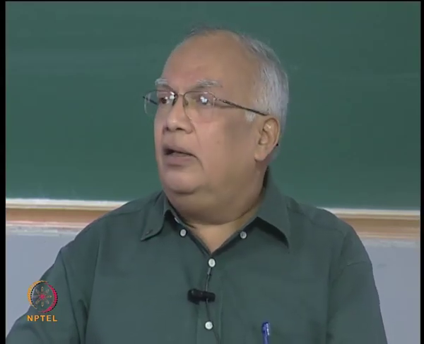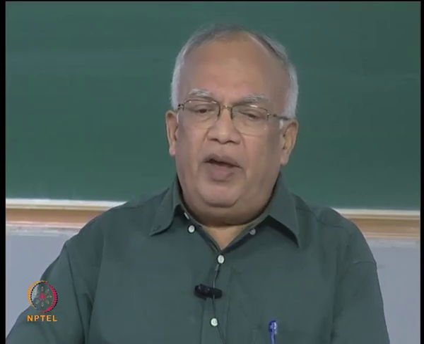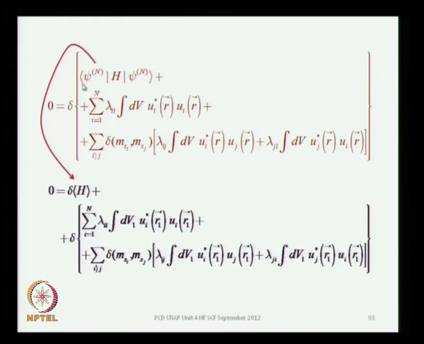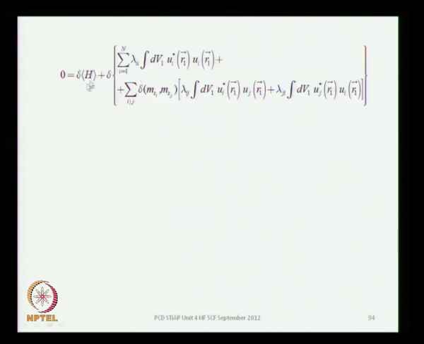So, you have the lambda matrix generated, which is a Hermitian matrix, and just for brevity I have now written this expectation value of the Hamiltonian in this notation, which is completely equivalent to this. The rest of the terms are written as they are, and this is what we have.